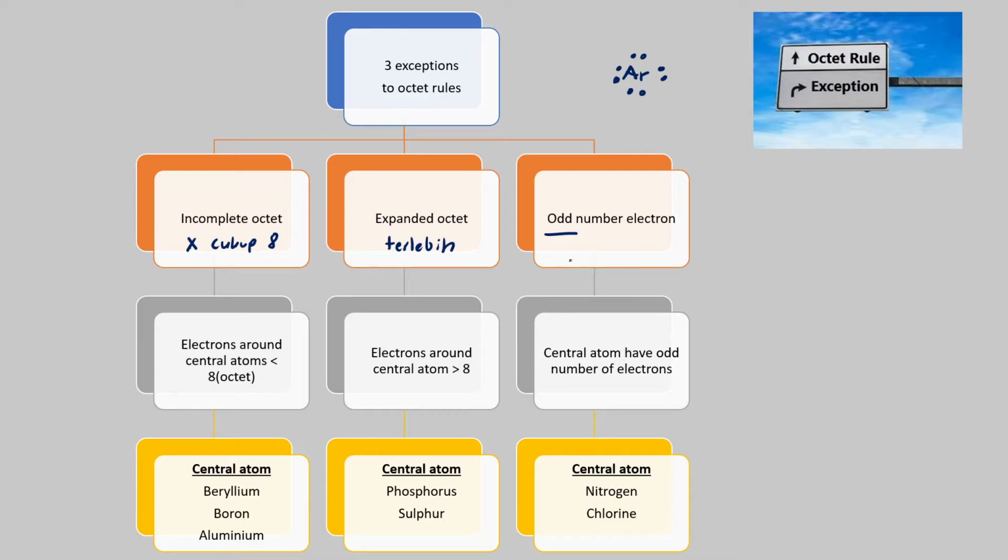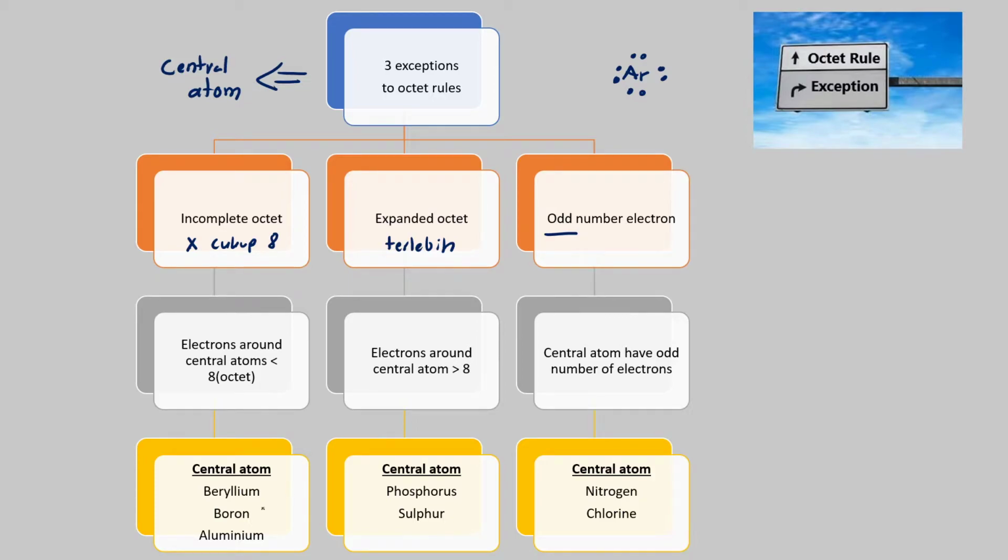So for incomplete octet, the central atom. For exceptions to the octet rule, we only look at the central atom. Central atom only. So any atom in the middle.